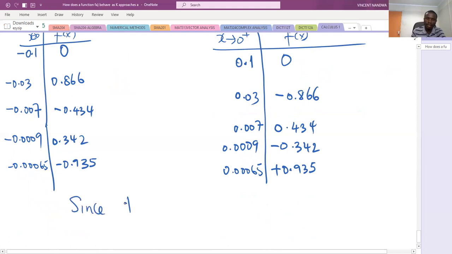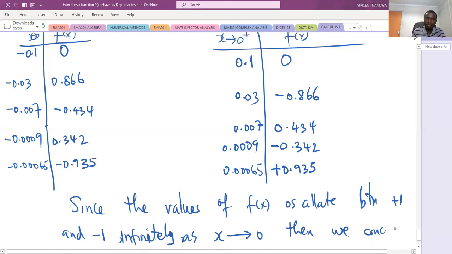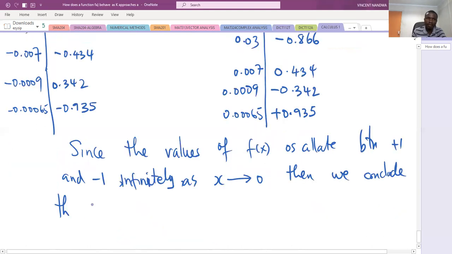Since the values of f of x oscillate between +1 and -1 infinitely as x gets closer to 0, we conclude that the limit does not exist.